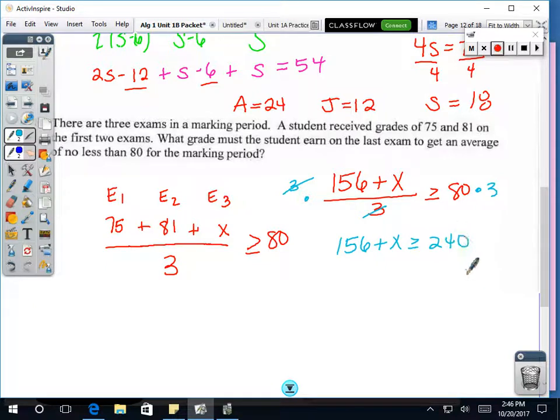Now what do we do? Subtract the 156. And so the 3rd grade needs to be greater than or equal to 84. If they make exactly an 84, their average will be 80. If they make greater than an 84, it'll be greater than 80. But to make at least an 80, or no less than an 80, they have to make at least an 84 on exam 3. Does that make sense?